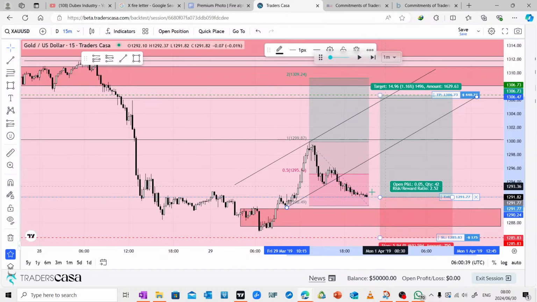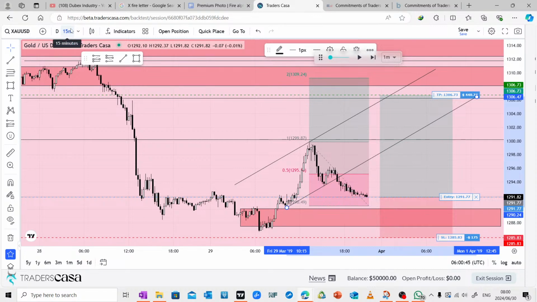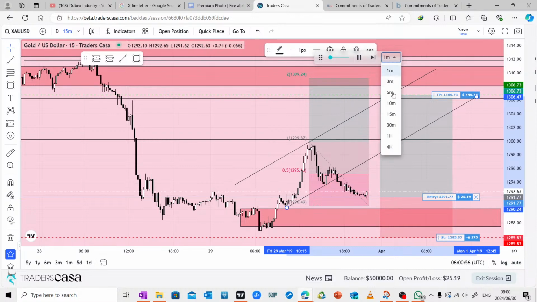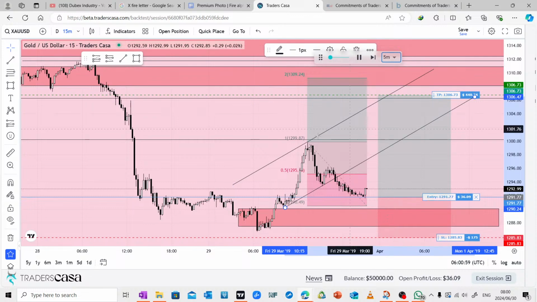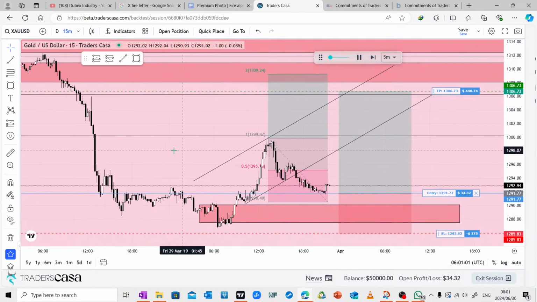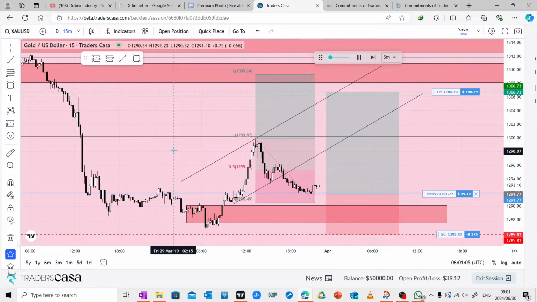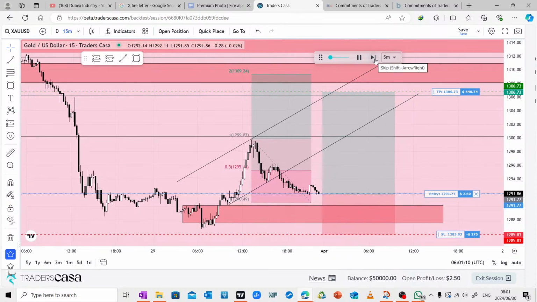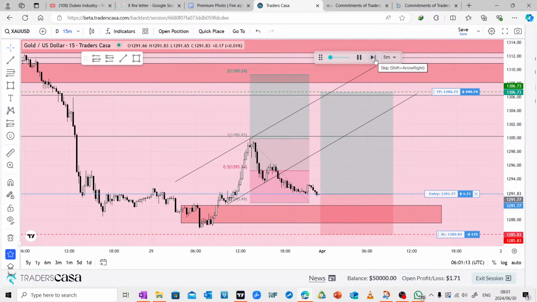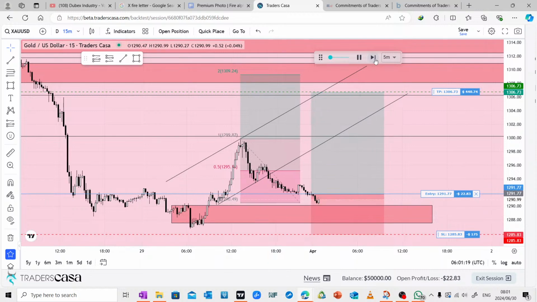So yeah, I expect a pullback. Now let's play this. And I'm not considering any news events or anything like that. If there's news events, it's just going to sweep me out or take me out, or either of them.